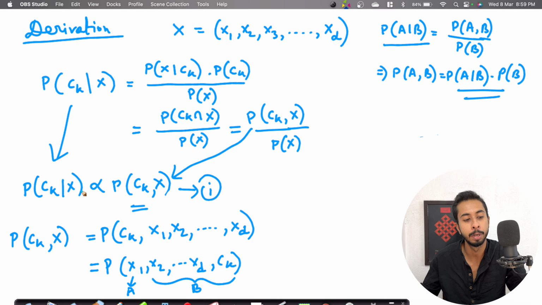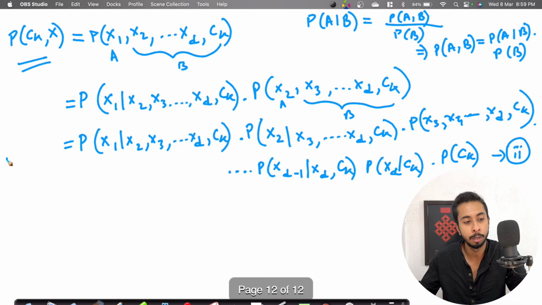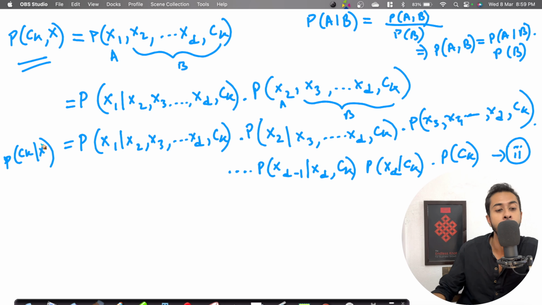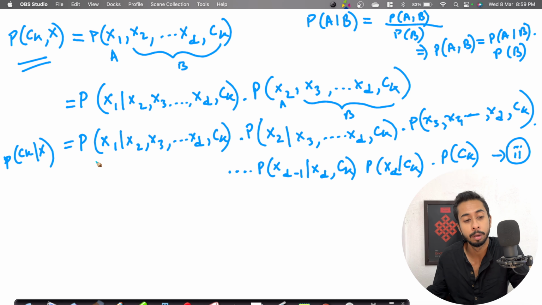This is nothing but probability of ck given x, right? So I can write this is basically probability of ck given x. This is what we need to find out ultimately. So ultimately what we need to find out boils down to this big result, this huge complicated equation, and this is very tough to find out.